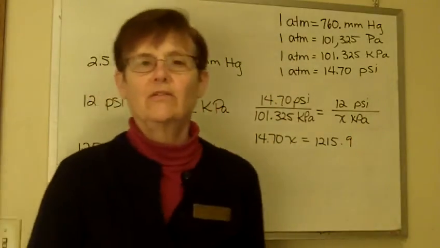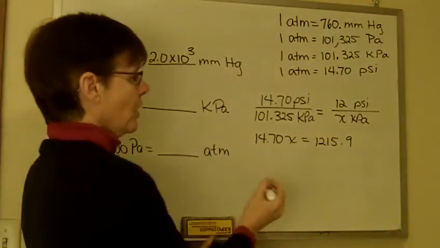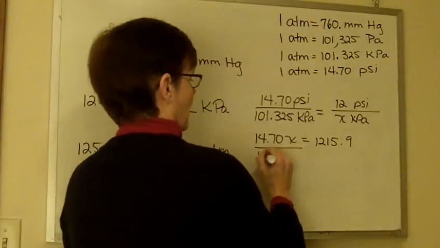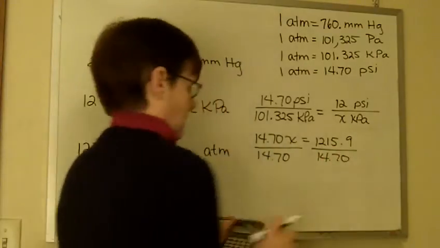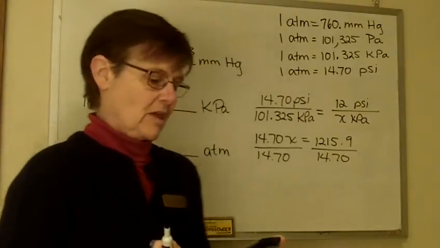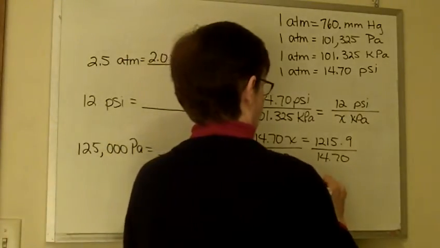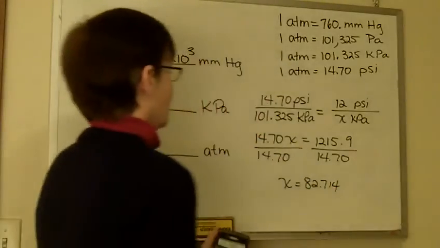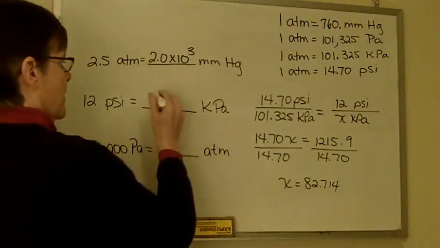Now that's way too many significant figures, but I'm just not going to worry about that until the end. So to solve, I've got one more step this time. I'll have to divide by 14.7. And that gives me 82.714. So how many significant figures do I want to keep over here? Only 2, so I'll call this 83.